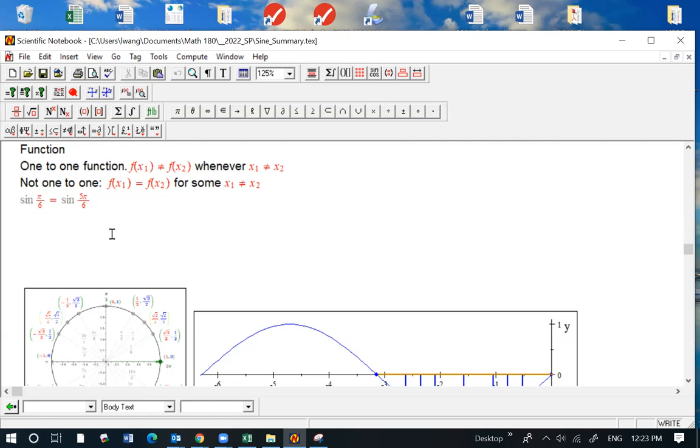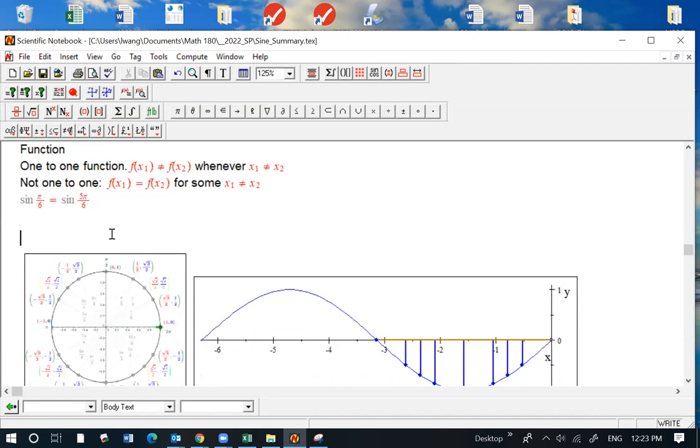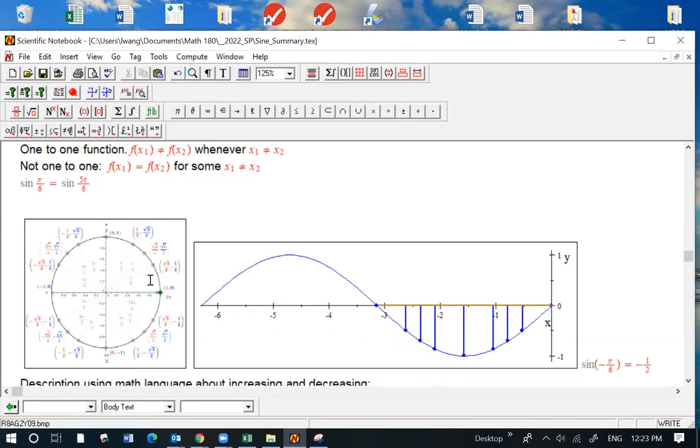From the unit circle, for these two angles, we only need one pair as a matter of fact. For input pi over 6 and the other input, 5 pi over 6, their outputs for the sine function are the same, which is one half.